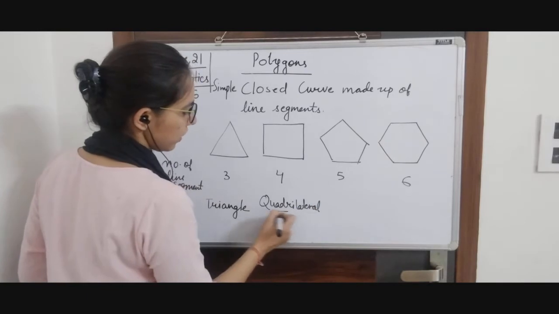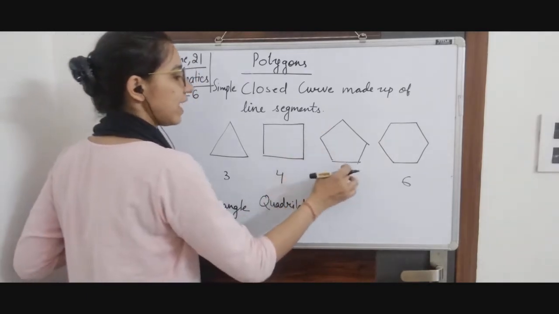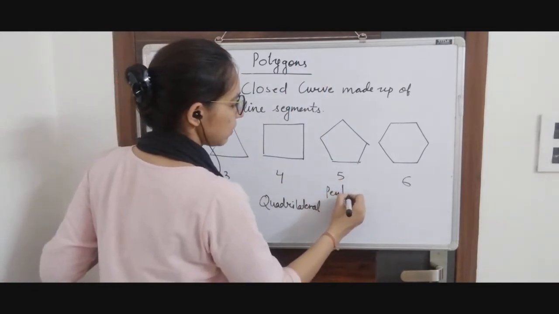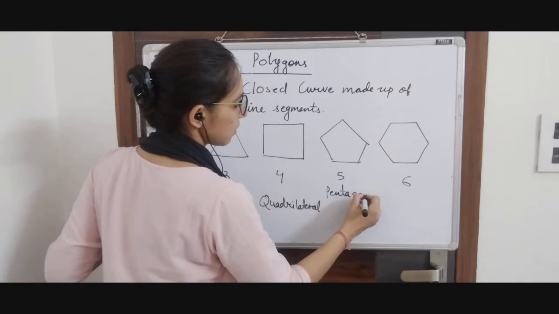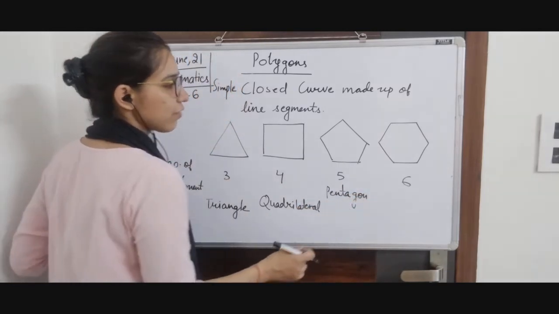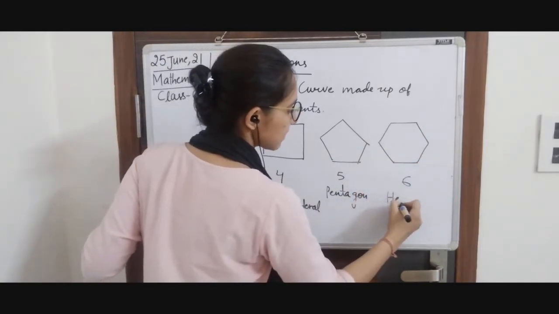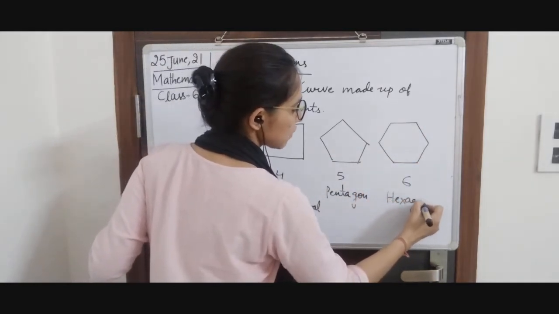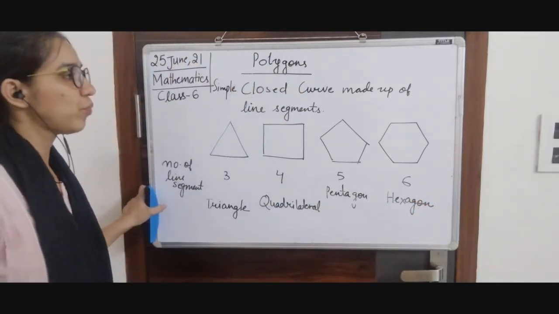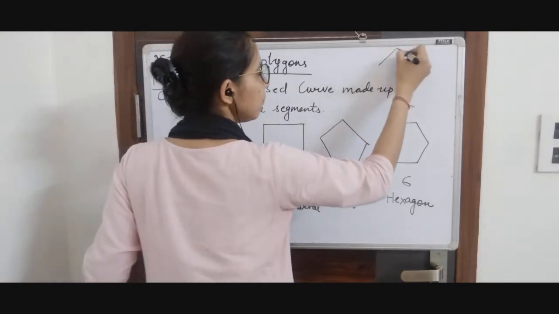Quad means 4, lateral means side, 4 sides. If we have 5 line segments in a polygon, it will be called pentagon. If we have 6 line segments, then it will be called hexagon. Hex means 6.